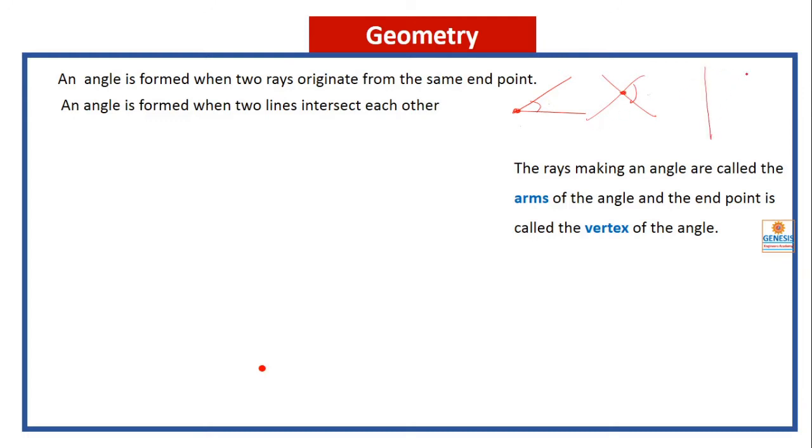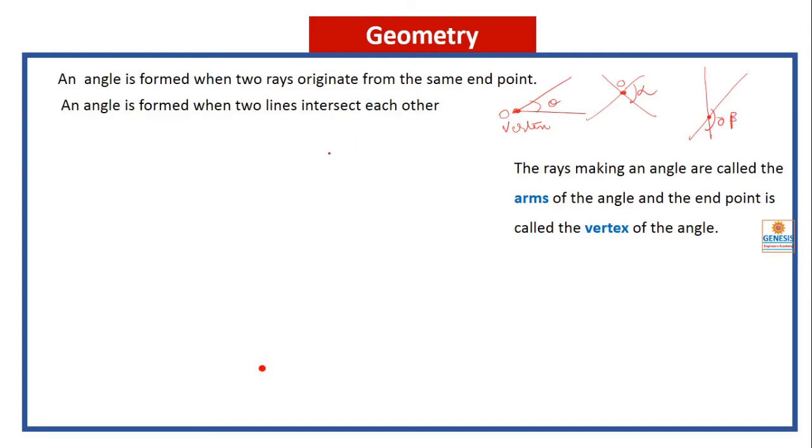That is another concept. When the rays come in any other direction, this point we call the meeting point or originating point or intersecting point, we call it a vertex. You understand? So the angle is this one.